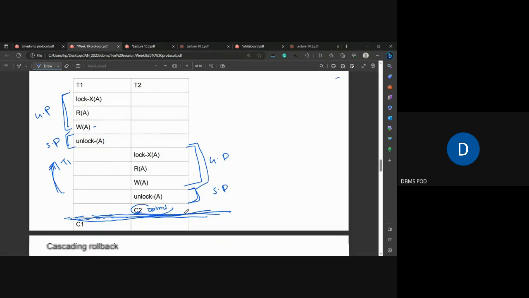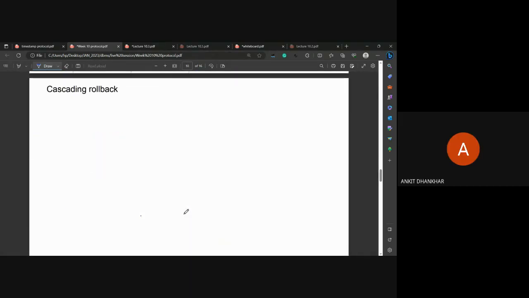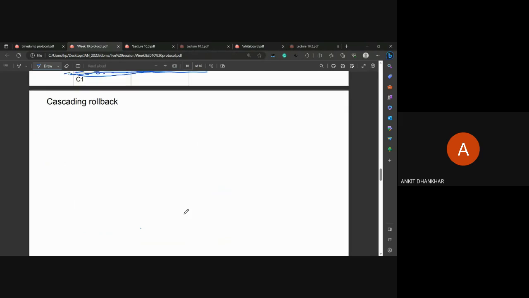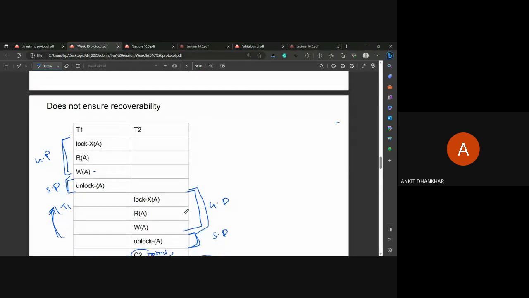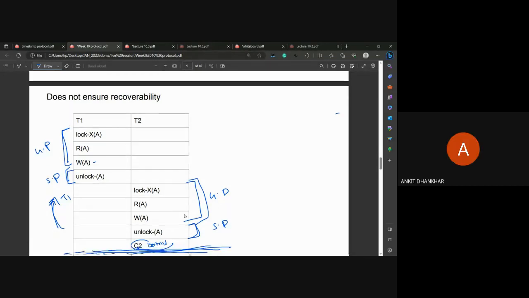Now there is a second one. Sir, are there any further conditions for this rollback, like it has to be in two phase or something? No, we just have to look out for the commit statements.